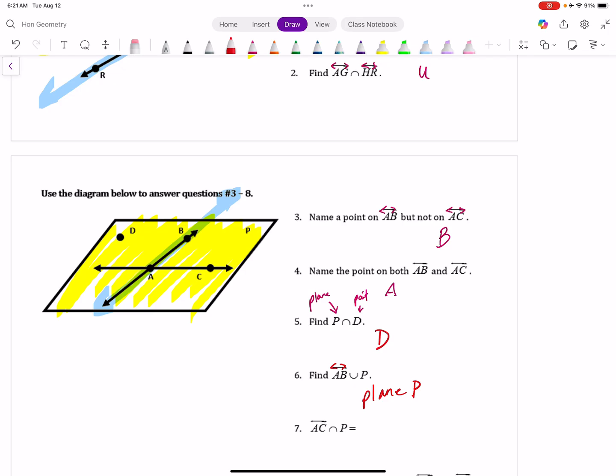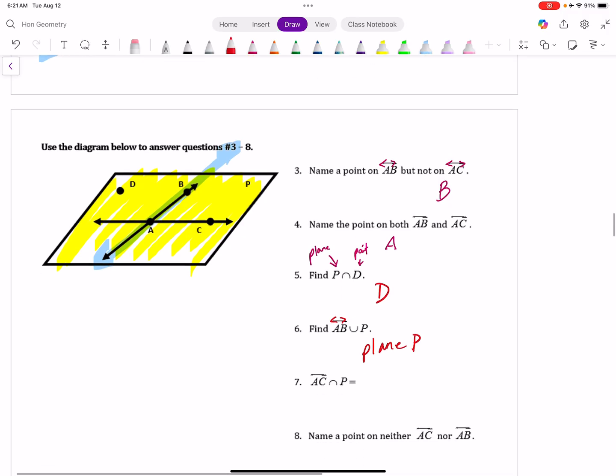Think of it as when you paint, the intersection will be the part that you paint both colors. The union is just anything that's got some paint on. I think that's a good way to think about it.